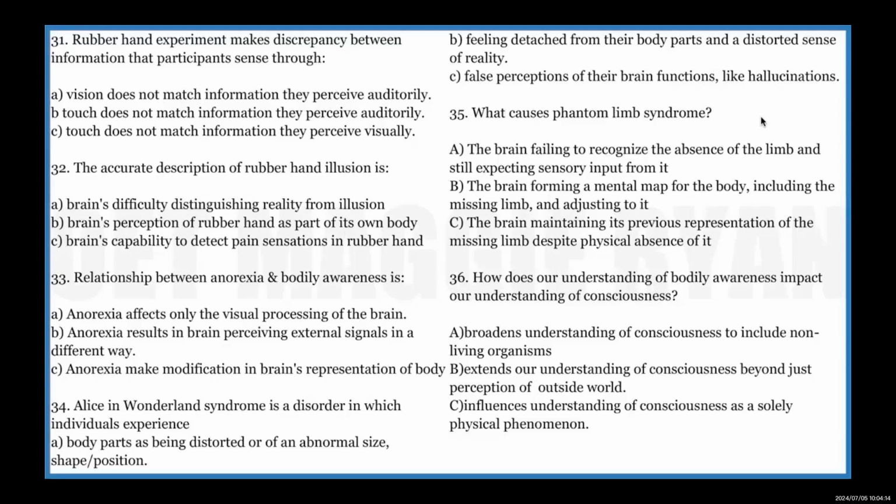There's body ownership, which is our sense that our body belongs to us, and then there's body agency, which is the sense that we're in control of our bodies. Yes, and both of these components can be disturbed in different ways. Right, so for example, in alien hand syndrome, which some stroke patients experience, they believe that one of their limbs has a mind of its own and performs movements, but they don't feel like they're in control of it.